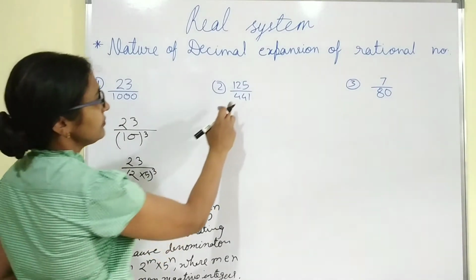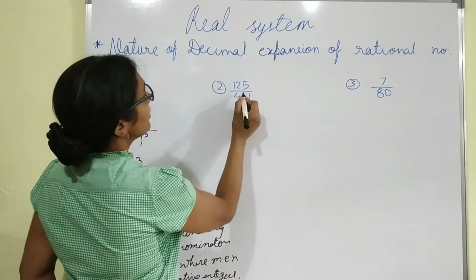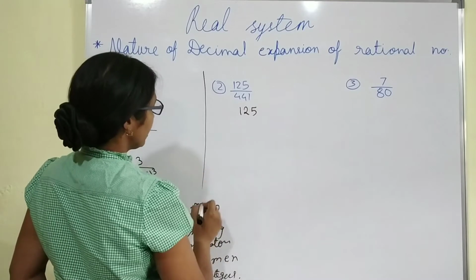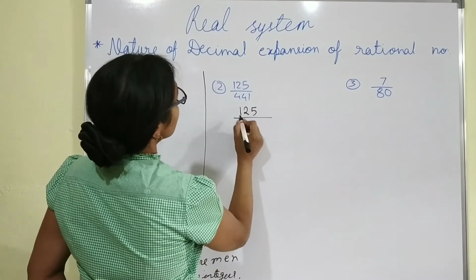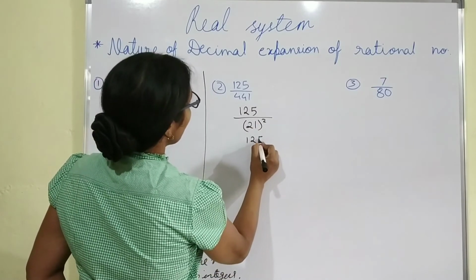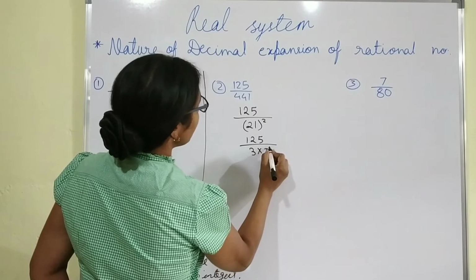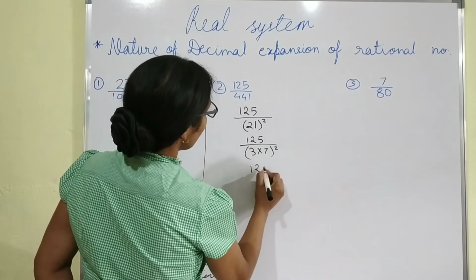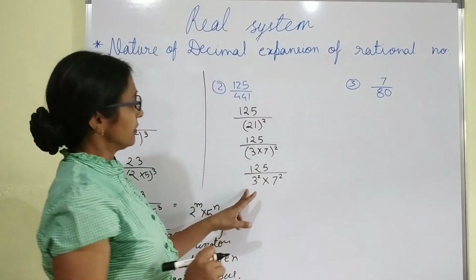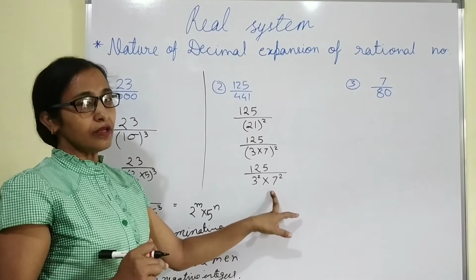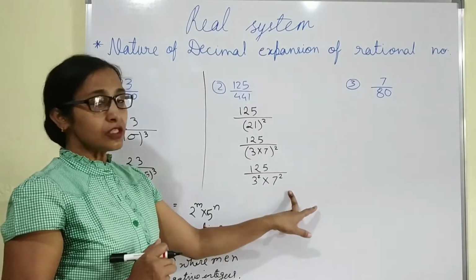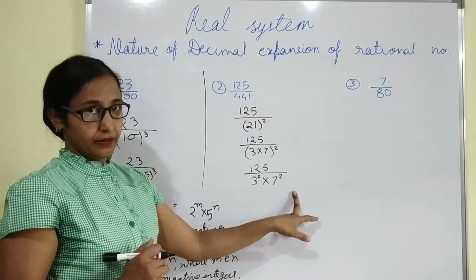Okay. Now look here in this question, 125 upon 441. So 125 upon 441, 21 is the square root. So 125 upon 3 into 7 whole square. So 125 upon 3 square into 7 square. Since the denominator is not in the form of 2 power m into 5 power n, it is non-terminating, repeating.